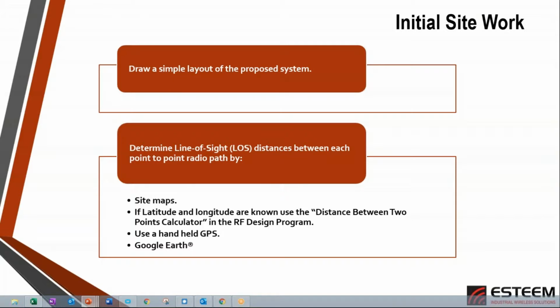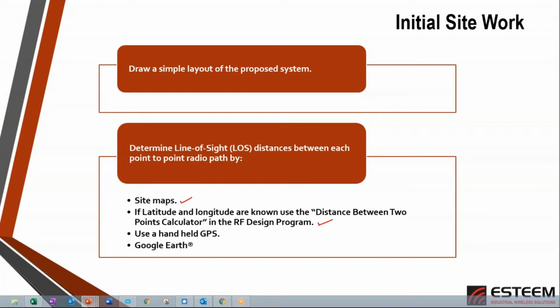We can simply start with a simple network layout. You can draw this on a piece of paper. It does not have to be very complicated. What we need to do is find the distance between all the points. You can do that through calculations on a site map. If you know the longitude and latitude, the RF design program has a tab where you can put in the longitude and latitude of 2 points, and it will give you the actual distance between those 2 locations.